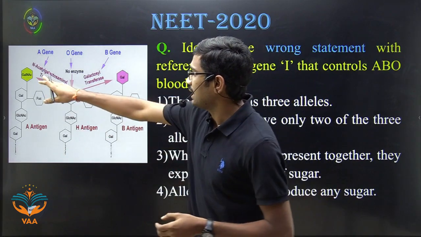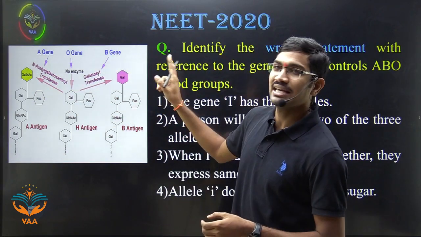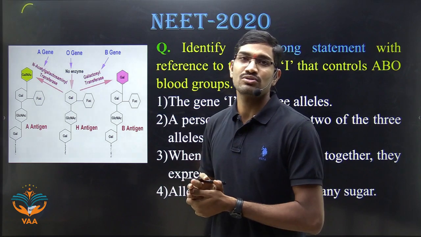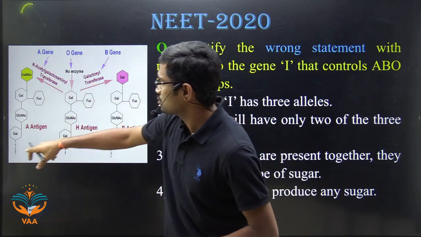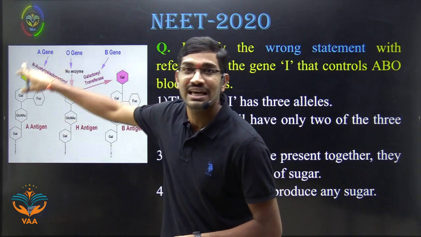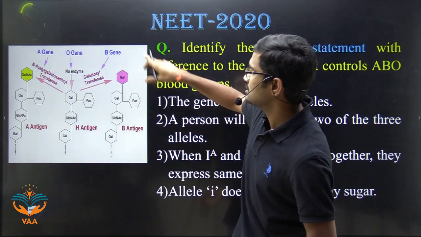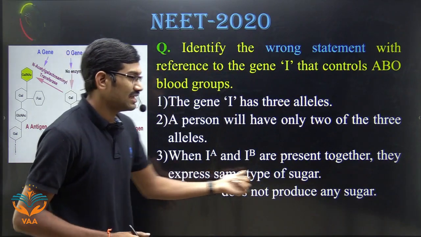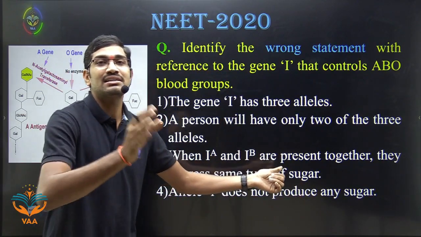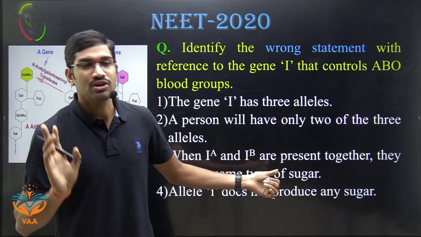So these two produce different ones. In the presence of the IA gene it produces the A antigen, in the presence of the IB gene it produces the B antigen. So these two are completely different, but here they are saying that they add the same type of sugar, and that is the wrong statement.